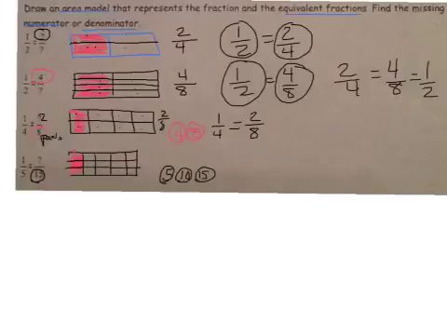So that means I should have 15 total parts. 1, 2, 3, 4, 5, 6, 7, 8, 9, 10, 11, 12, 13, 14, 15. So that gives me 3 shaded out of 15. So that's showing me 1/5 equals 3/15.